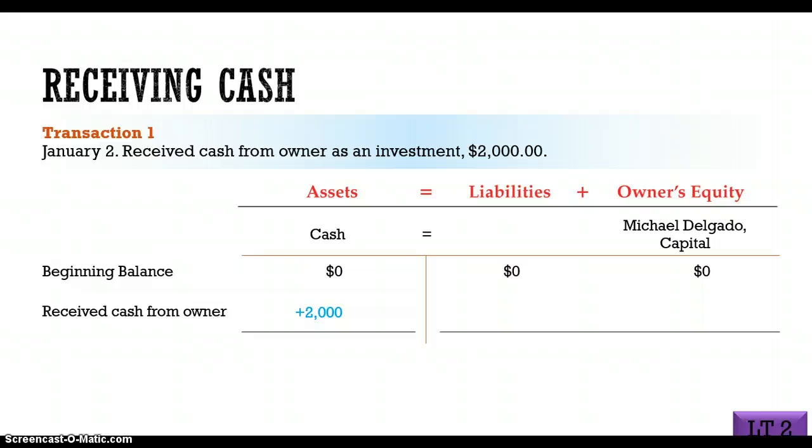And because you added to the left side, you also have to add to the right side. So our capital is going to increase as well. After completing the transaction, you need to calculate the new balance. So what you do is add 2,000 plus 0, and you get your new balance of $2,000 on both the left and the right side.